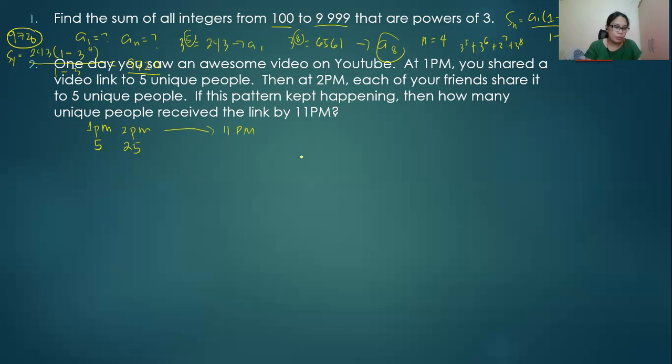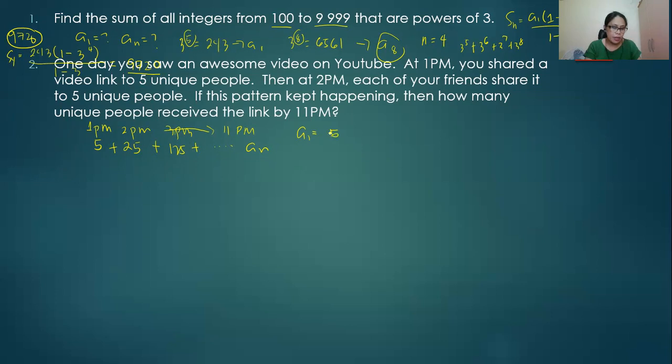So we have 5 plus 25 plus, so if for example we proceed at 3 p.m., this would be 125 plus dot dot up to a sub n. Okay, so we know that a sub 1 is 5.